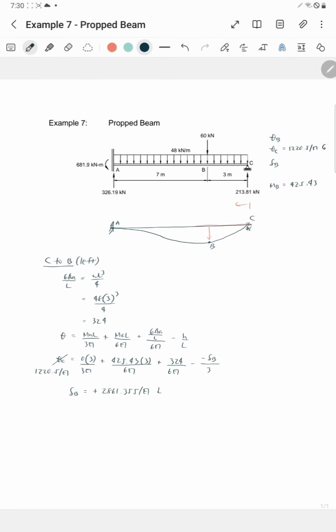So positive means our assumption is correct that point B deflects downward.